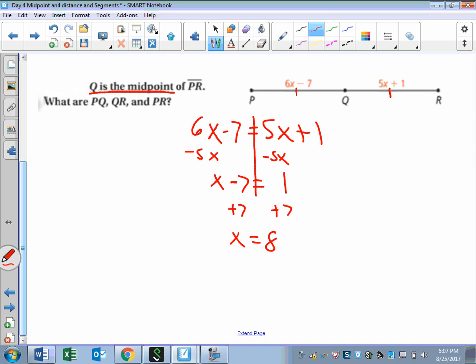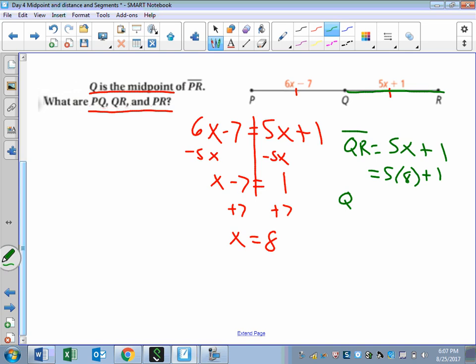Okay. But again, notice it says what are PQ, QR, and PR. So it's not only asking what x is equal to. The easier thing about this one is since it's the midpoint, we only need to plug it in once because both halves are equal. So we got QR equals 5x plus 1. Plug in 8 for x.